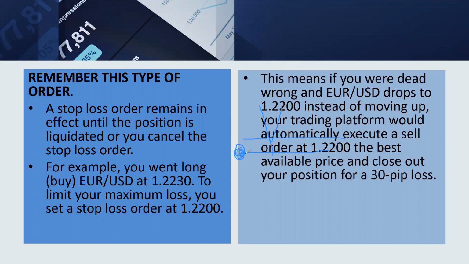Your stop loss order prevents this market. Oh, let me use the red column. So the market is going down and you are anticipating that this market is going to buy from this zone. So you put your stop loss order here, right?